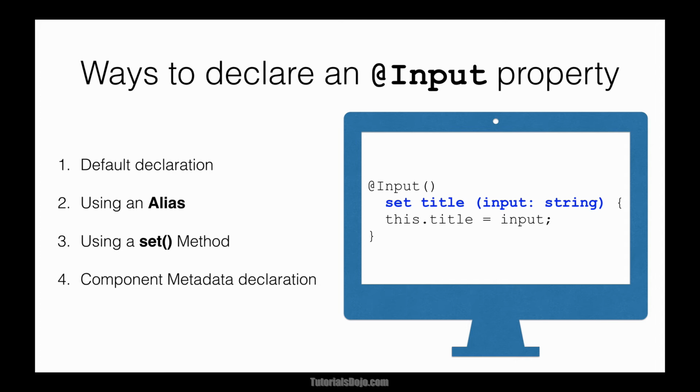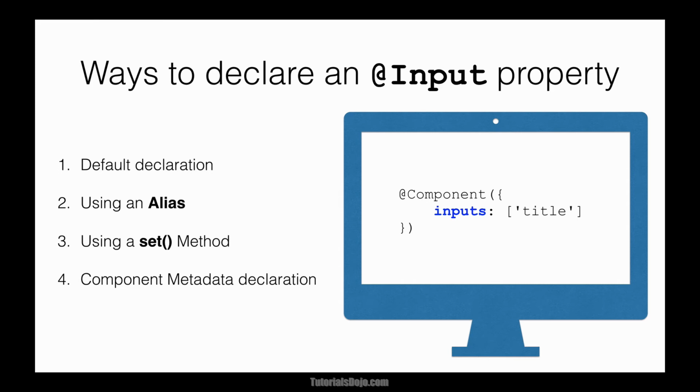The last way is by using the component's metadata. This is quite different than the rest, as instead of adding the input property through a variable declaration, you're declaring it inside your component's metadata. This metadata is basically just the parameters declared inside your @Component decorator, where the typical selector, templateUrl, and styleUrl parameters are located.